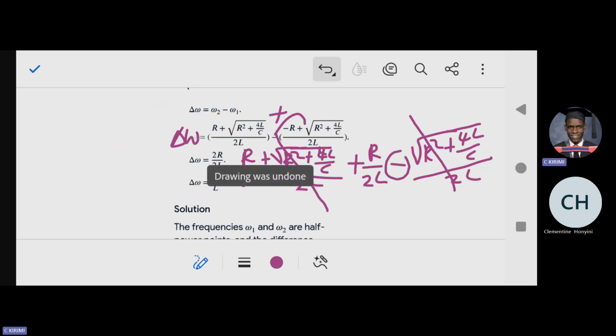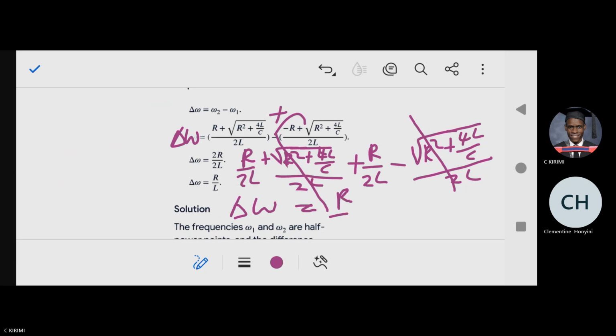Therefore, you'll be left with the change in omega is equals to R over 2L plus R over 2L, which is 2R over 2L, which means the 2's they cancel. Then you come back to the formula which says change in omega is equals to R over L.